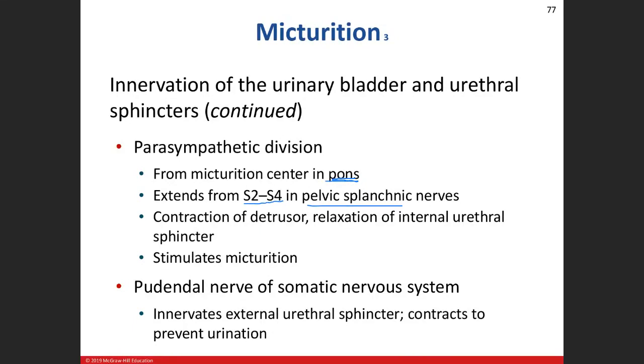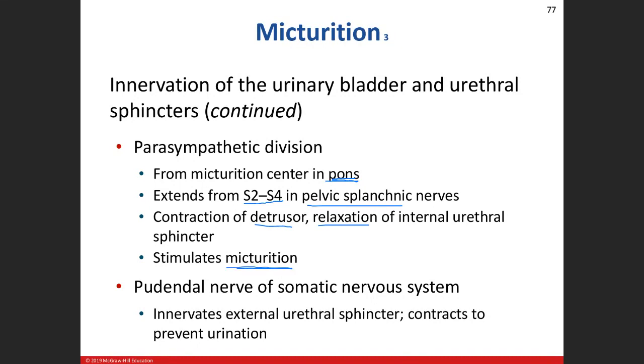When the parasympathetic division is active and stimulated, it will contract the detrusor, squeezing the walls of the urinary bladder, and it will cause relaxation of the internal urethral sphincter. That allows the movement of urine out of your bladder, or micturition.